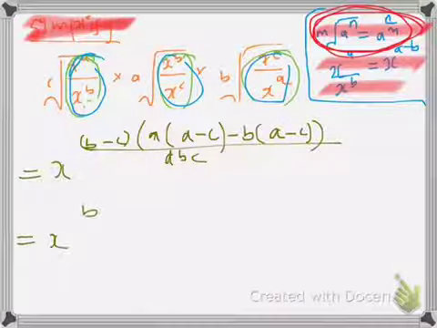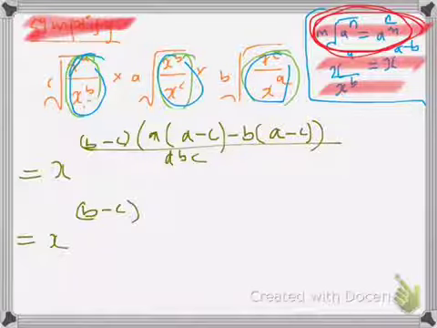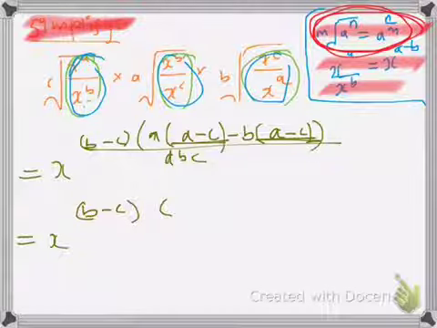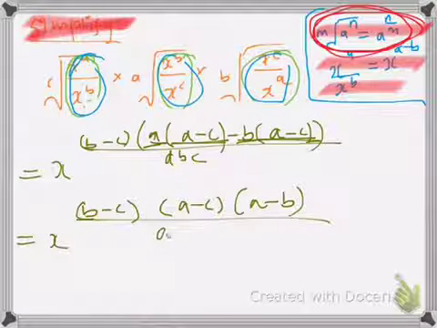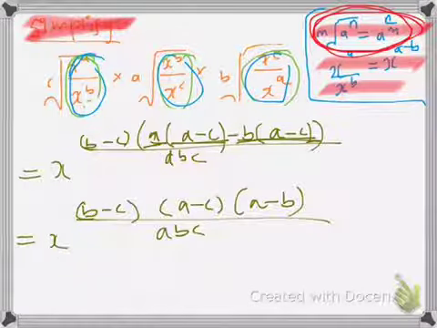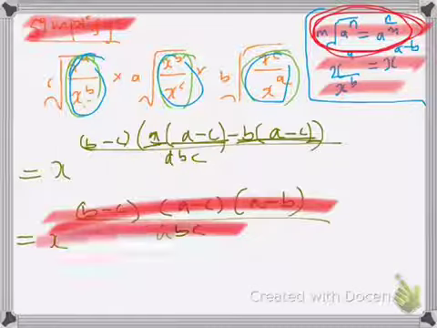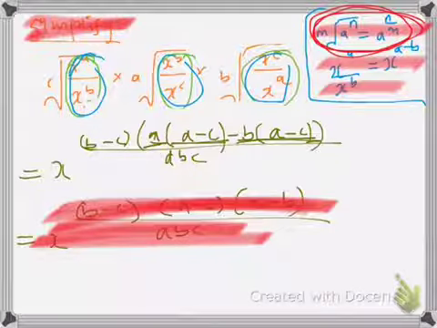Once again I'll write b minus c as it is, and since there is a minus c in both terms, let us take a minus c common, and the remaining term for the first is a, and for the second term it's b, divided by abc. And finally this is our simplest form, and yes, it's our answer.